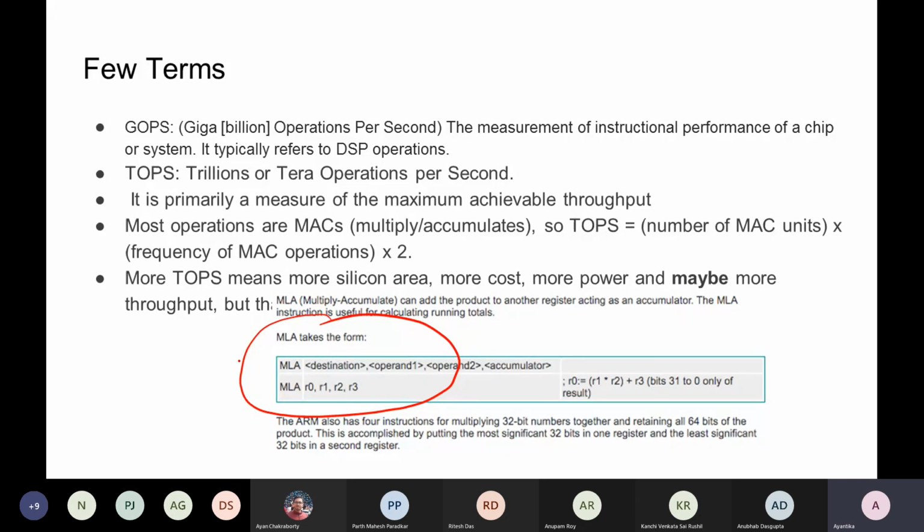And also the main requirement is what type of instructions, and how efficiently the underlying platform supports these instructions, because that will in turn tell me whether I can actually meet this real-time requirement or not.